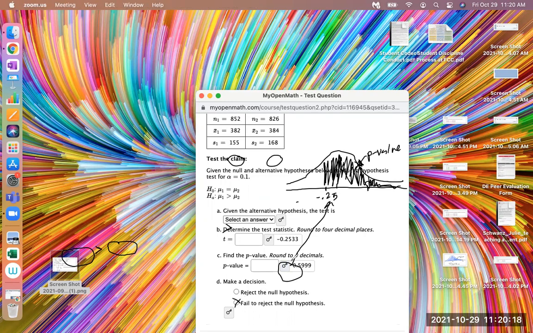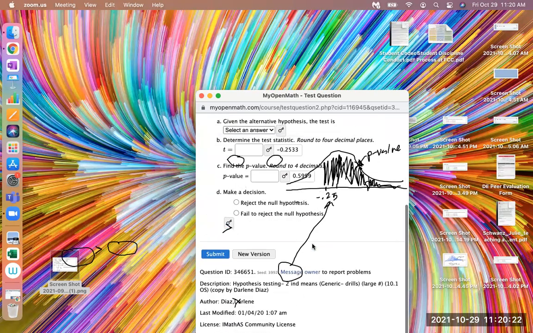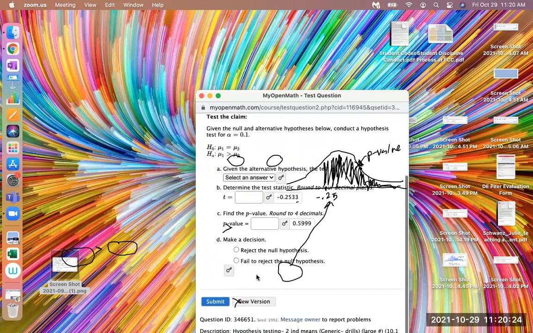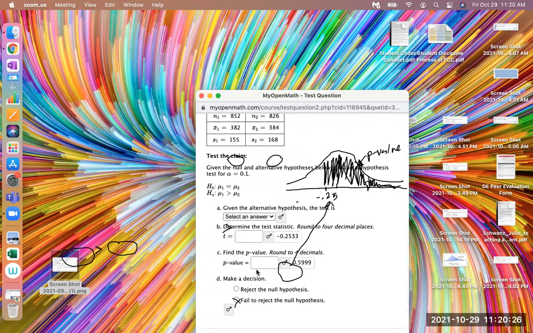And that's the end of our problem. I don't think they make us actually say it, but because we fail to reject the null hypothesis, that means we do not think there's sufficient evidence to prove the alternative hypothesis, that the mean of population 1 is larger than the mean of population 2.